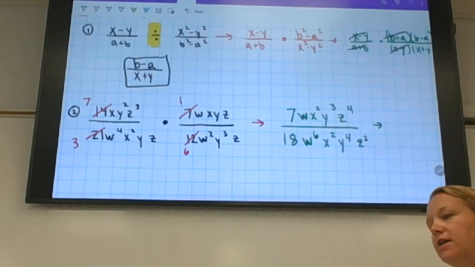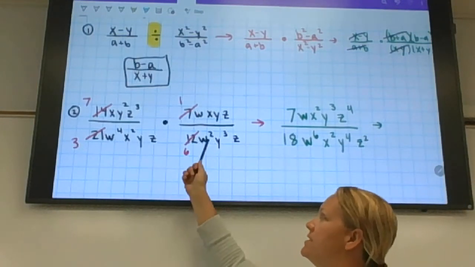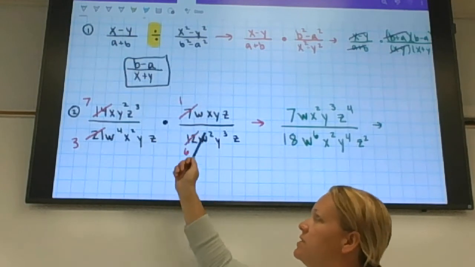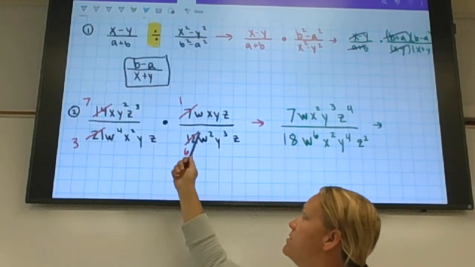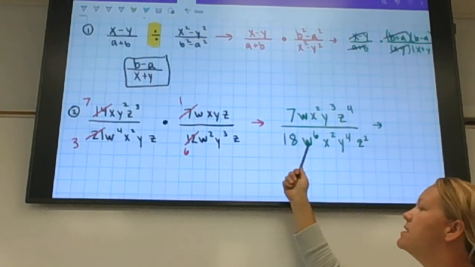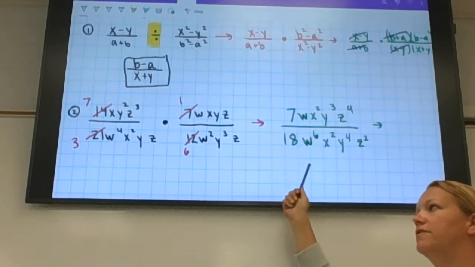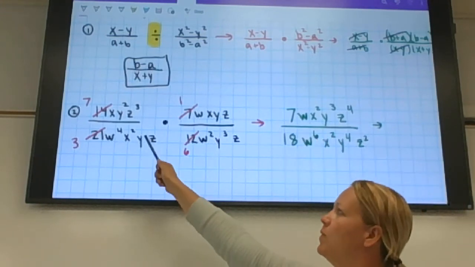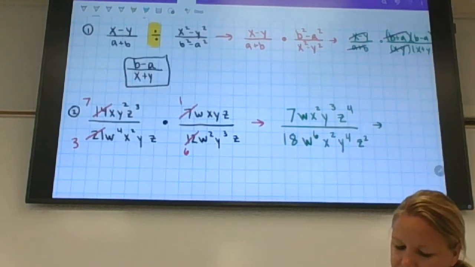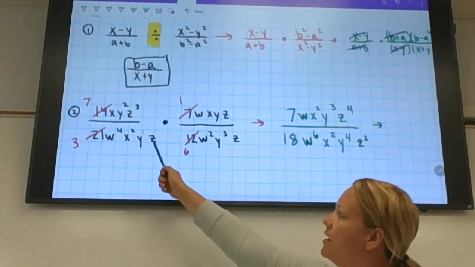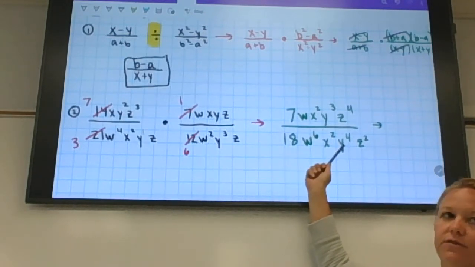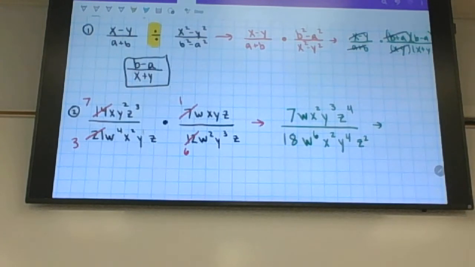So I consolidated the variables because there are so many. I just went right across, and instead of trying to reduce all these ways, I consolidated into one fraction, adding exponents. So y with an invisible 1 here, and y to the third makes y to the fourth in the one big fraction.